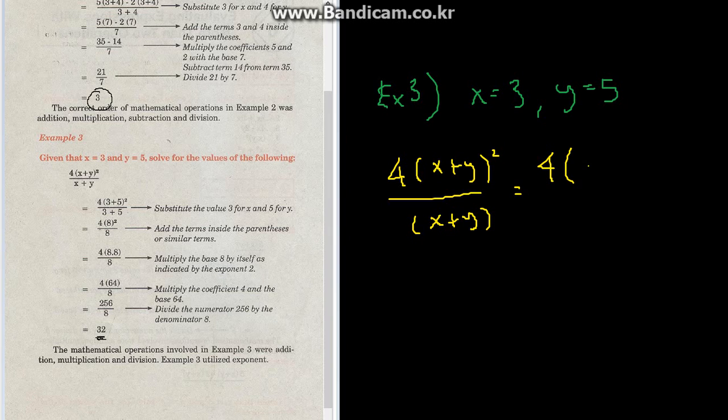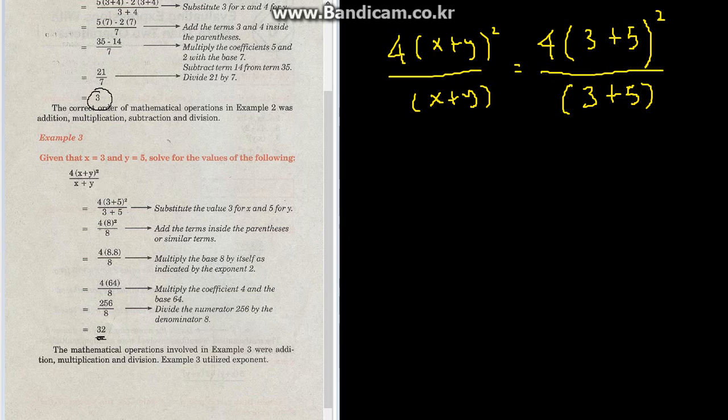So 4 times (3 plus 5) to the second power divided by (3 plus 5). So we have to do the ones inside the parentheses first, right? 3 plus 5 is 8.